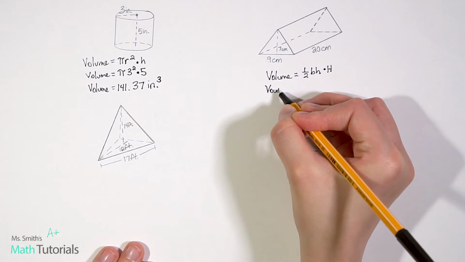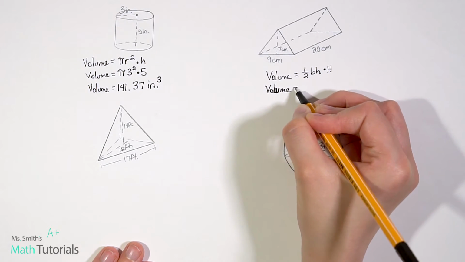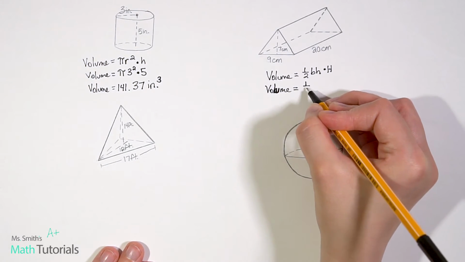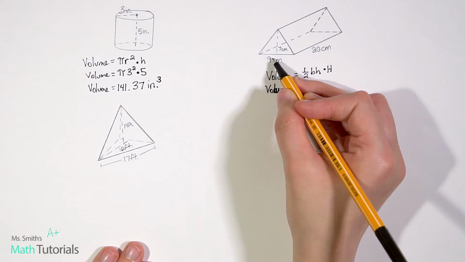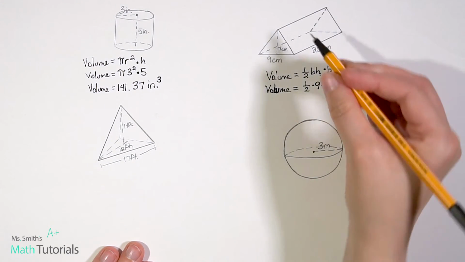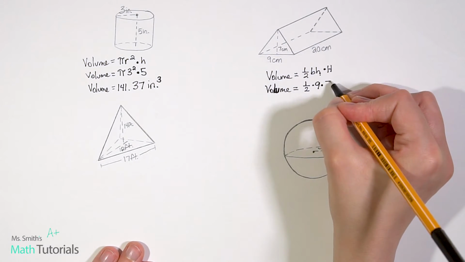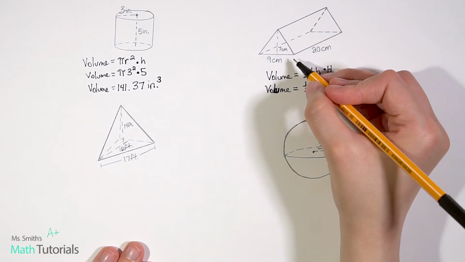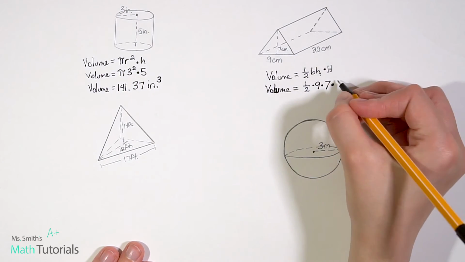We want to fill in our values, so our volume, if I can spell, volume, is 1/2 times, now our base would be our 9 centimeters, times our height of the actual just triangle face. So in this case, it's 7. And then we want to multiply that by how high the actual object is, which is 20.